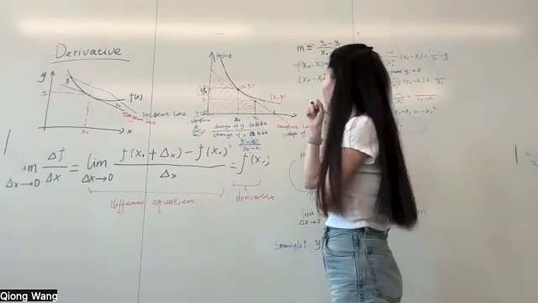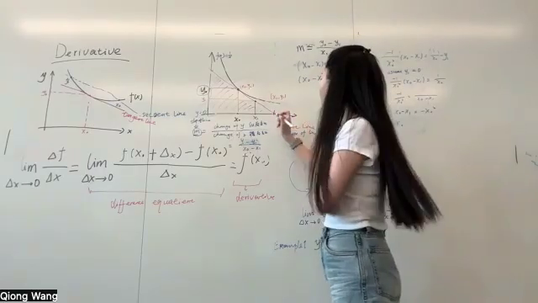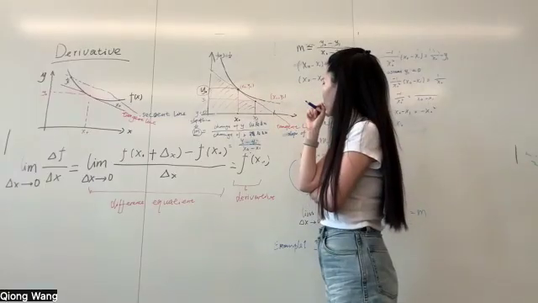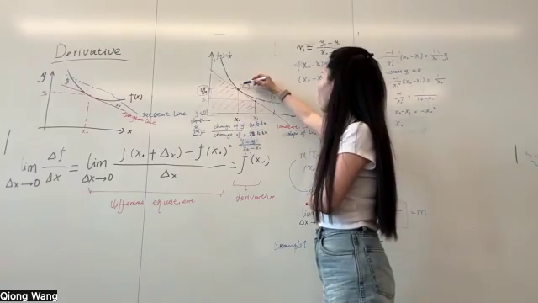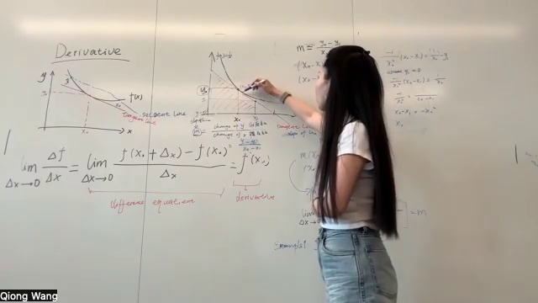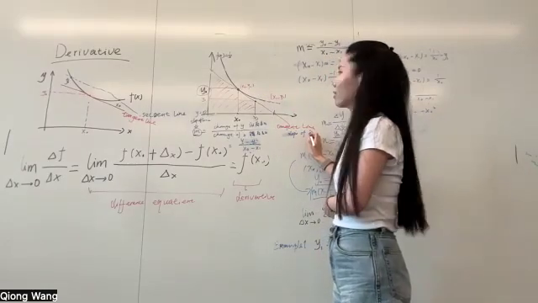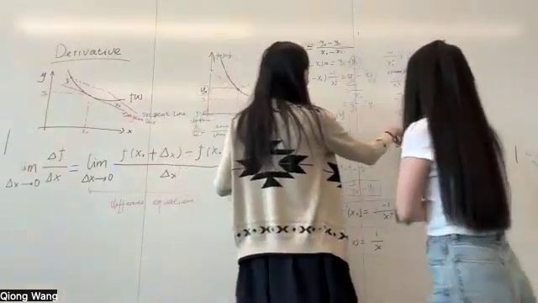No, I mean, x0 is just a random. No, x1 is a random. I mean, x0 is a point that you choose on the curve. x0 is the point on the curve and also the point on the tangent line, right? Yeah. I think you're doing right here.